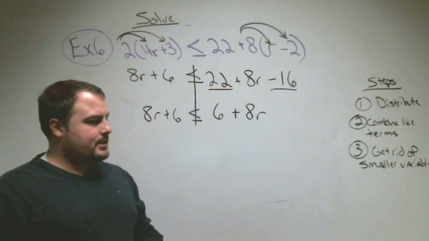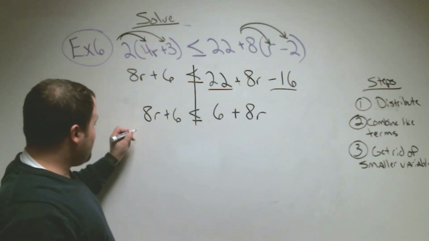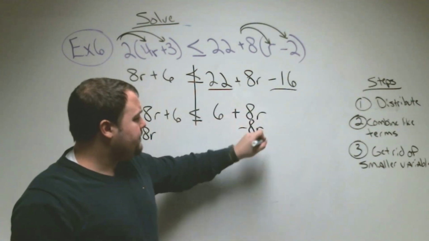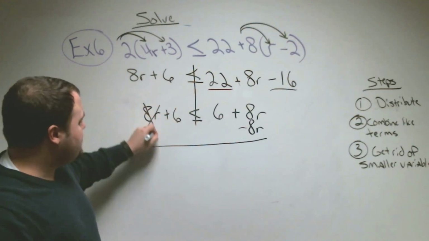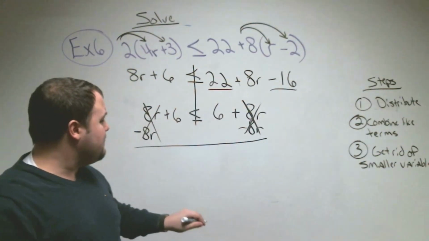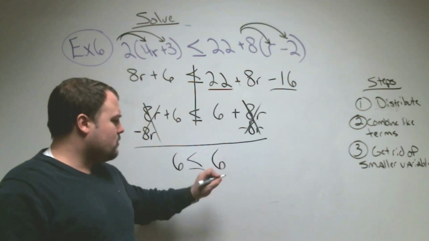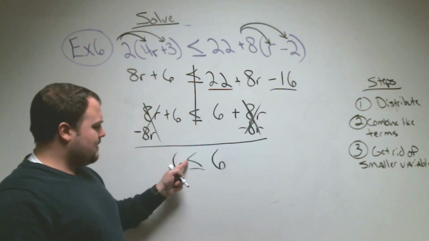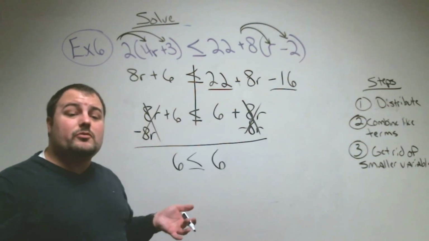And if we go to the next step, which is get rid of our variable, we're going to subtract 8r, and 8 minus 8 cancels out, 8 minus 8 cancels out, and so the statement we're looking at is 6 is less than or equal to 6. So is 6 less than or equal to 6? And in this case, 6 is equal to 6.